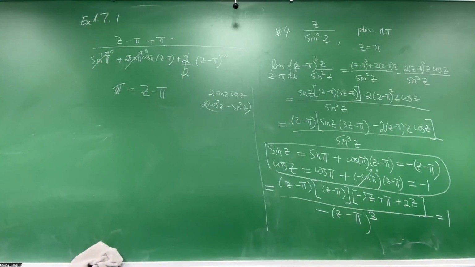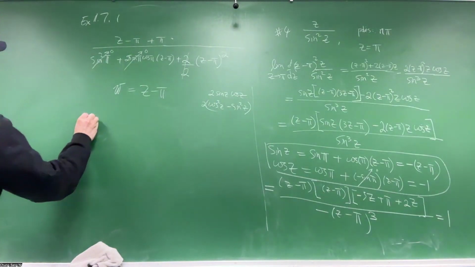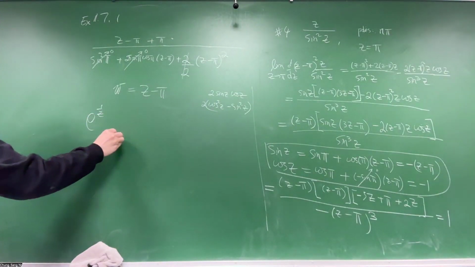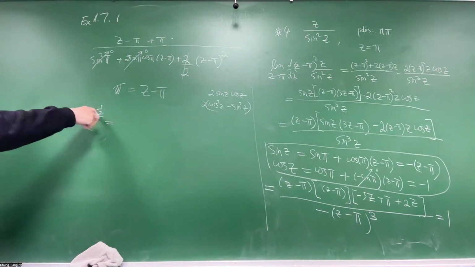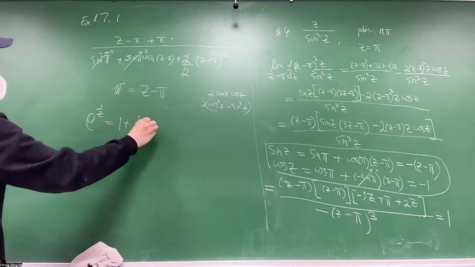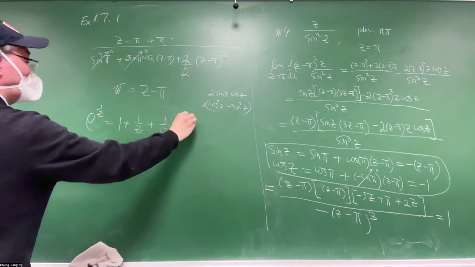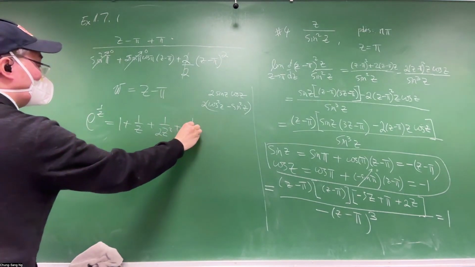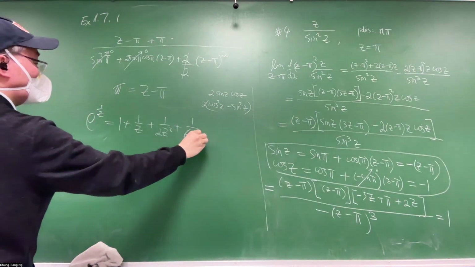And the essential singularity example is trivial. We did that before. If you want to see, we do the Taylor expansion of e to the x power. One part, x squared over 2, x cubed over 6 actually.